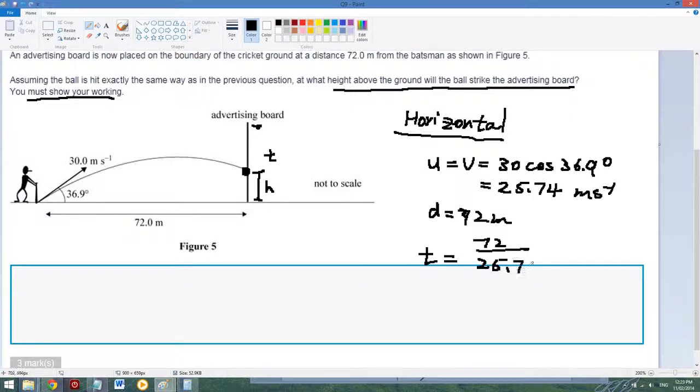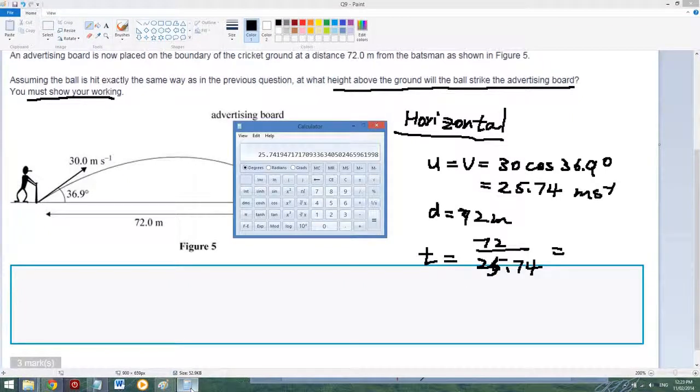And it total traveled 72 meters. The distance traveled is 72 meters.